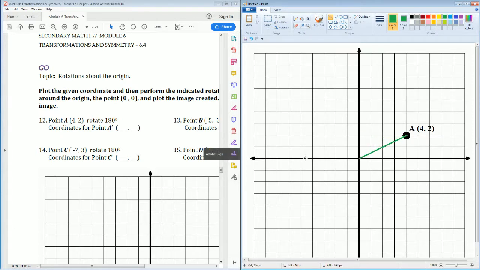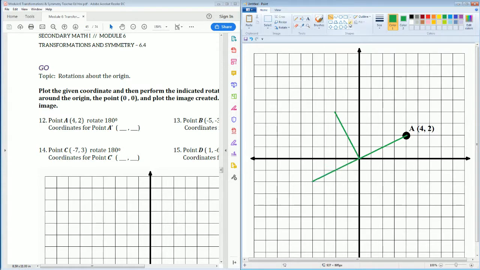Good. So if it's 180 degrees, it goes 1, 2, 3, 4, 1, 2. That would be how it would look if it's 90. But we apply this one more time because we want 180. So 1, 2, from here, 1, 2, 3, 4, 1, 2.